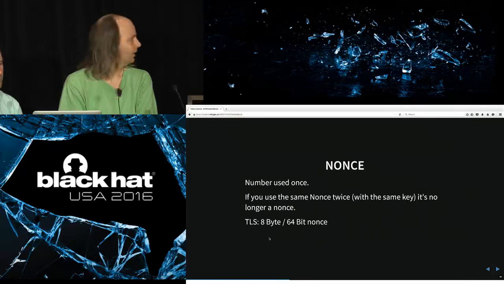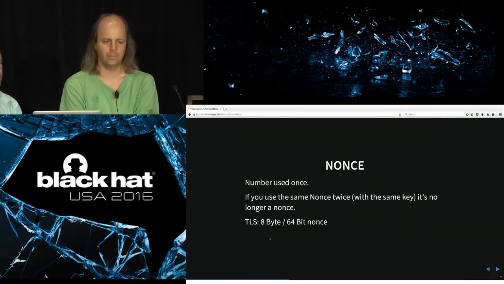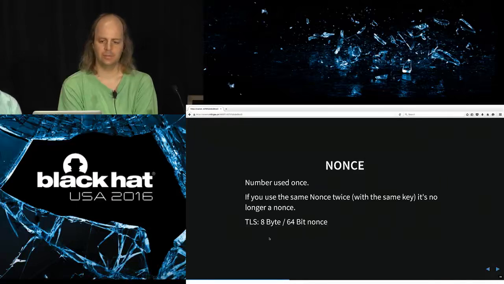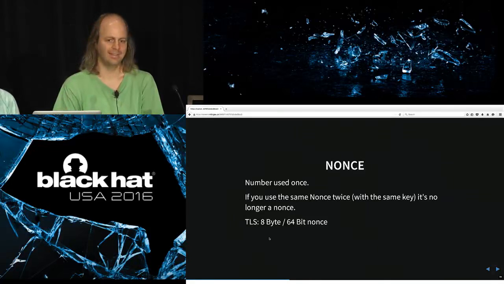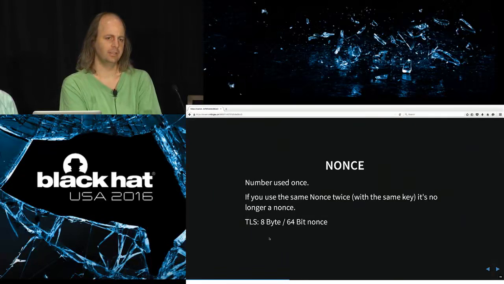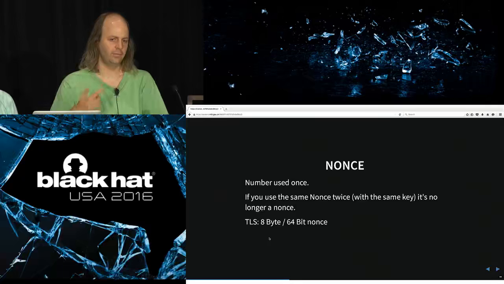So what's the issue here? GCM needs a nonce value, which stands for number used once, and that is a requirement for the security of the algorithm. If one uses the same nonce value twice, then it's no longer a nonce, and then you have attacks. The nonce value in TLS is 8 bytes large, and as said earlier, it's safe to use a counter.